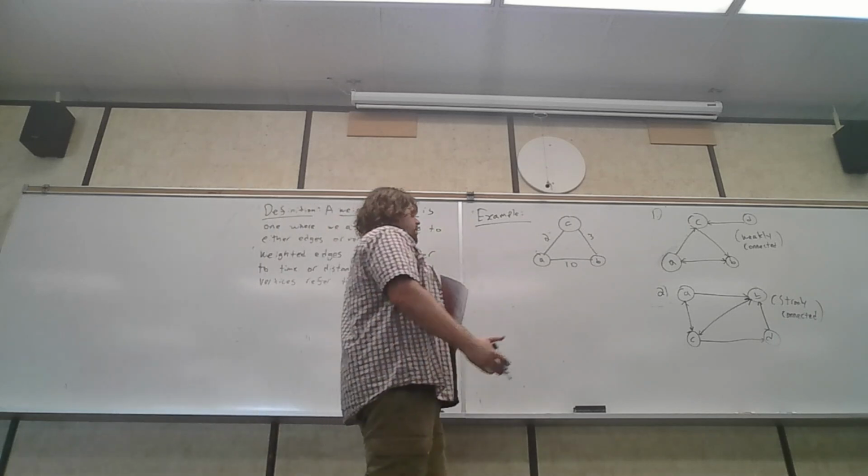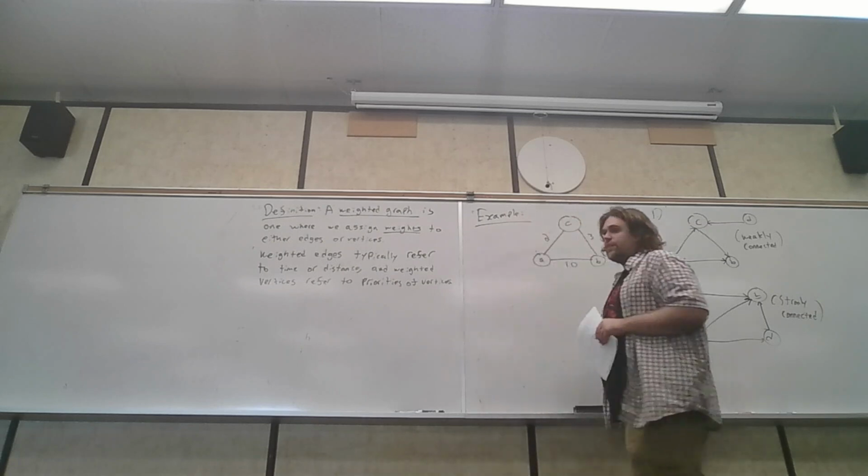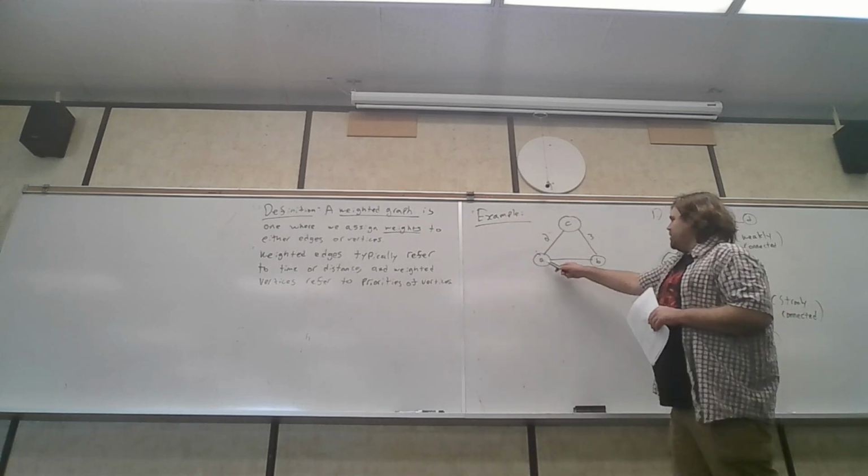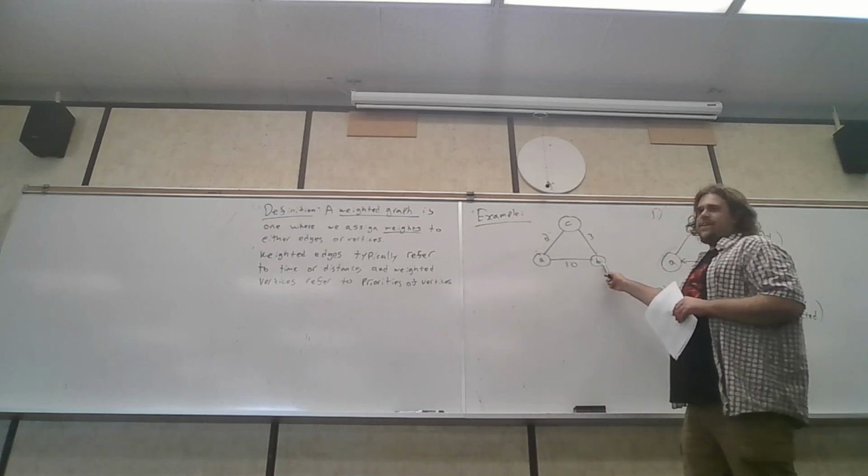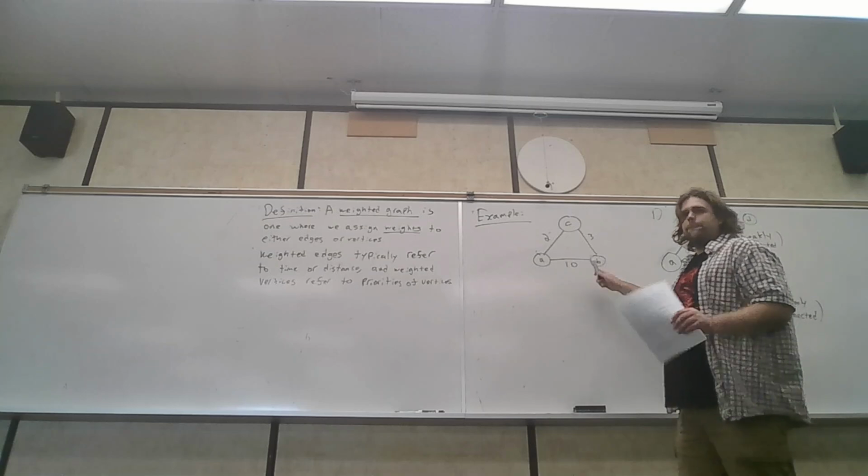So if we think of this as representing, say, time or distance, it turns out going from A to C and then from C to B is the faster way to get to B from A.